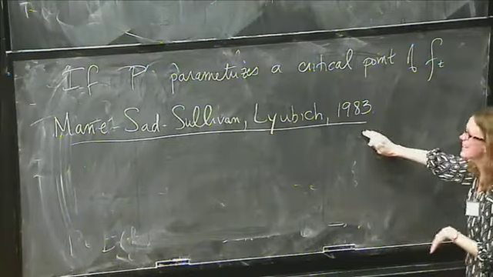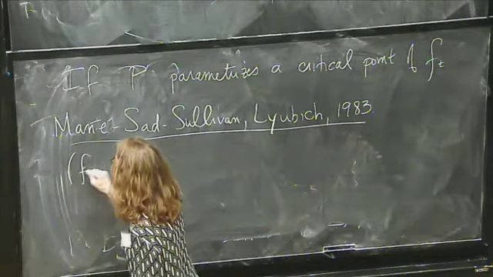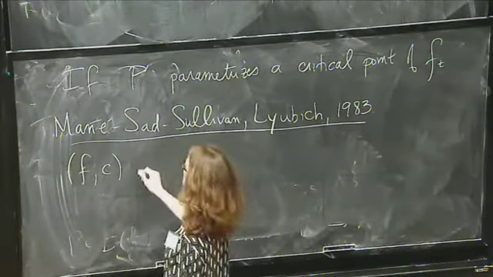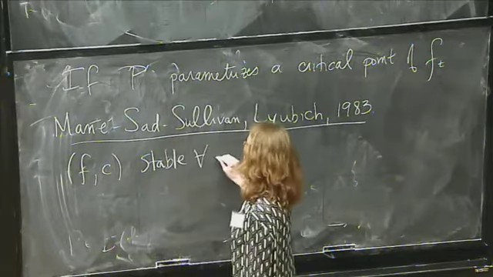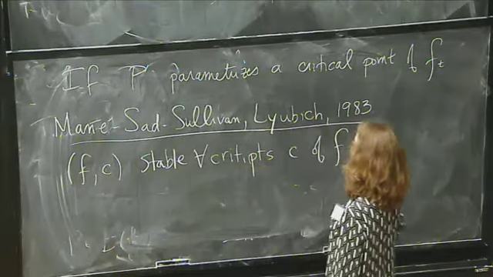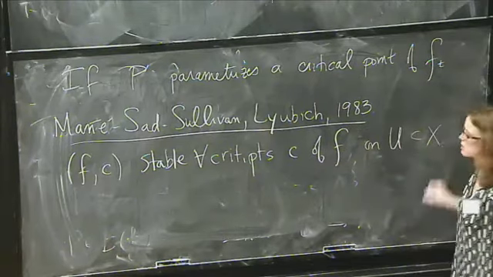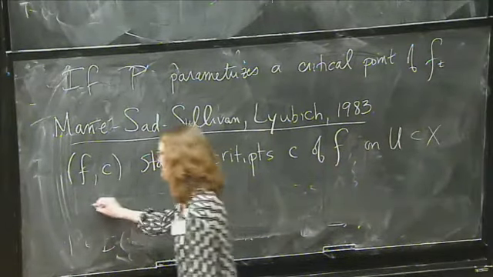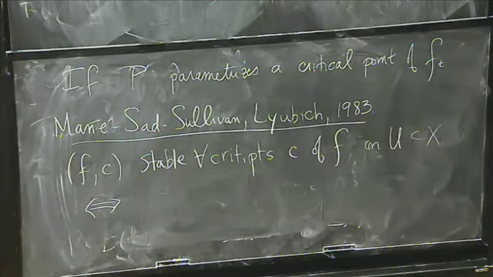Okay, so just to say, all right. So what is the statement? The statement being that if you know that all of the critical points, so suppose I parameterize, for all critical points C of F, if they're all stable in this sense on some neighborhood U inside your parameter space X, this is equivalent to dynamical stability in this classical setting, that the maps are structurally stable, at least when restricted to their Julia sets.